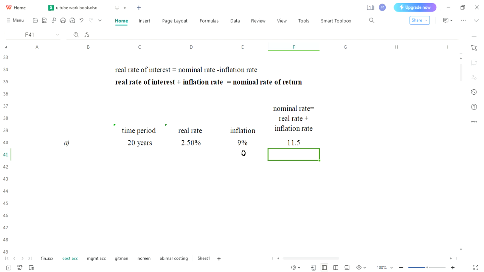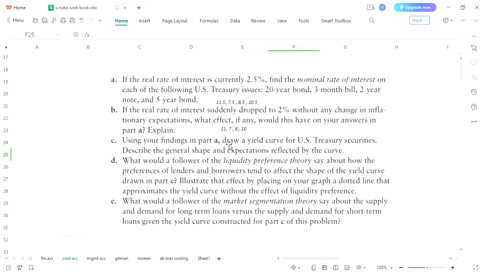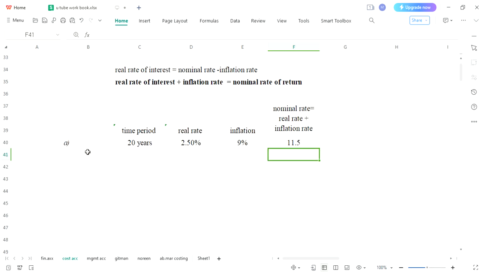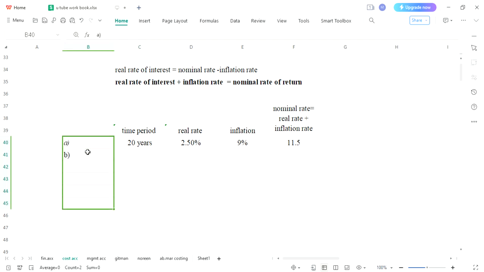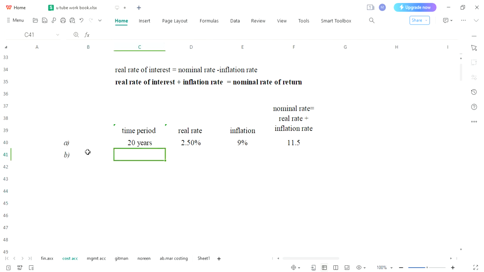This was the requirement, and answers are mentioned. Look over here. First answer is 11.5, and next requirement is for 3 months. Okay, put your B requirement over here, and you need to make it for 3 months.